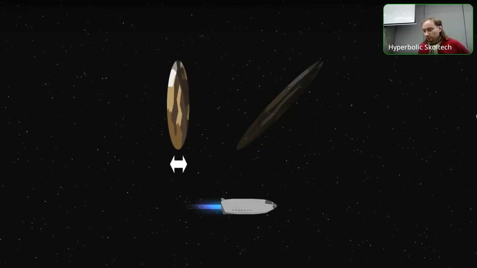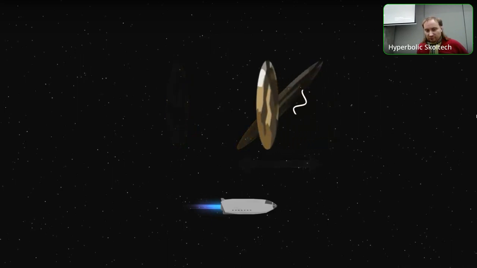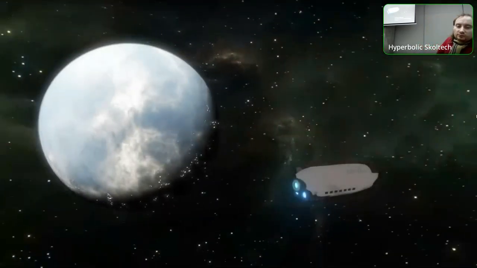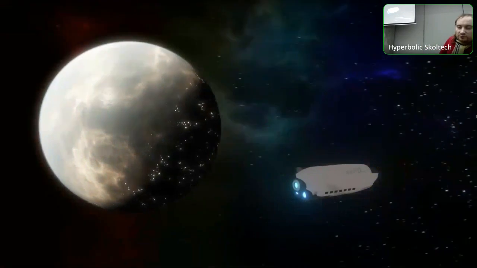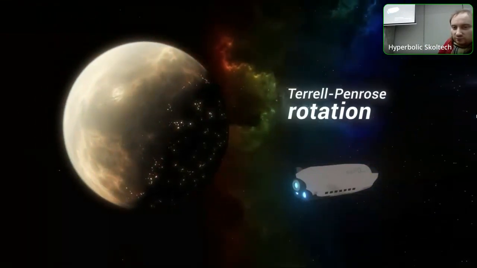Even if it is contracted, the planet does not look like it because we receive the image of its back with a delay. Rather than contracted, it appears to be rotated. This is a phenomenon we have already seen, Terrell-Penrose rotation.